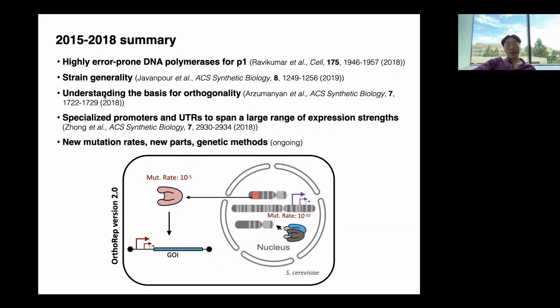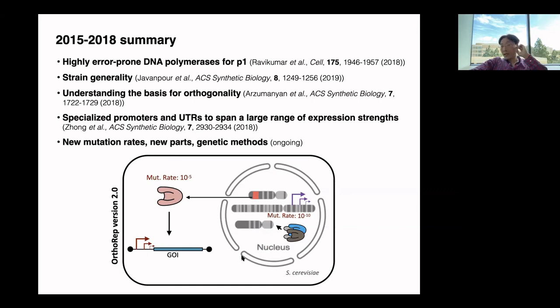We've also shown that this system is general across various yeast strains. We have some understanding of how the orthogonality works. We're always adding new parts, such as specialized promoters and untranslated regions, so that we can control the expression levels of the genes that we encode on here, and various other genetic methods decorating this platform.